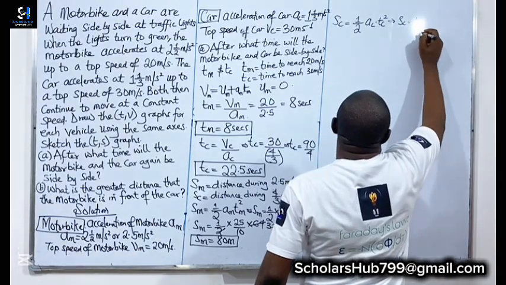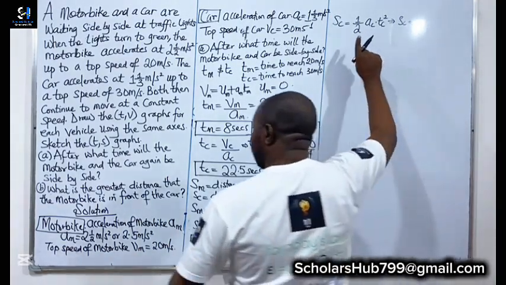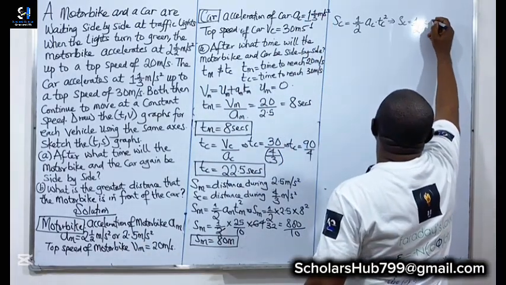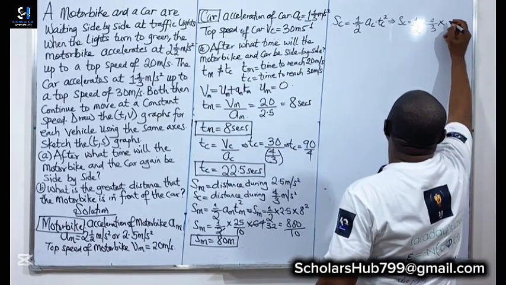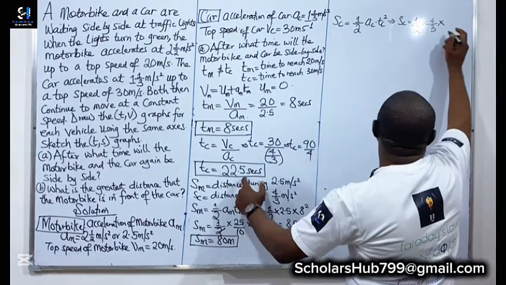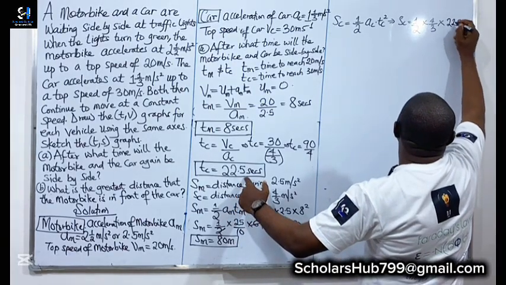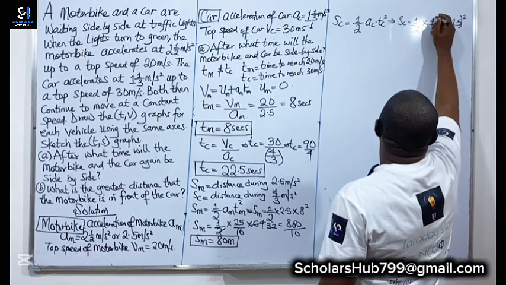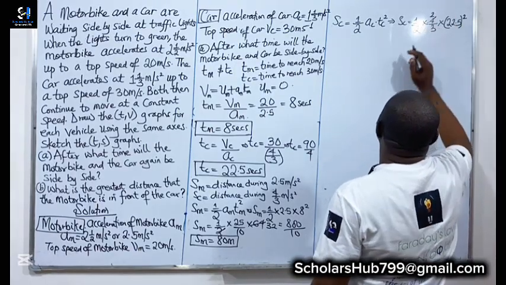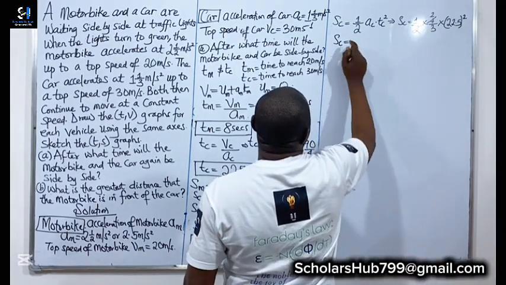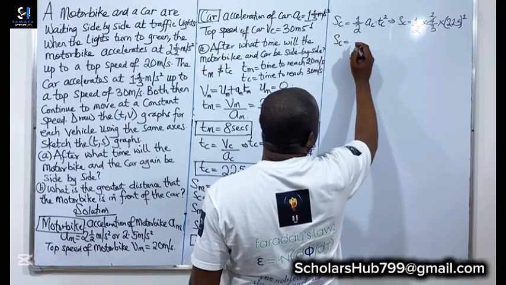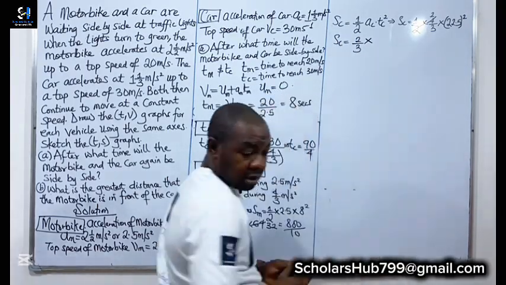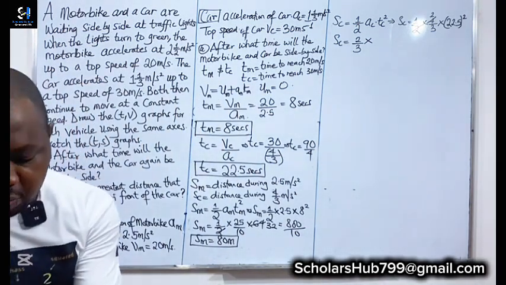This will be 1/2 times 4/3 multiplied by 22.5 squared, and this will be 2/3.